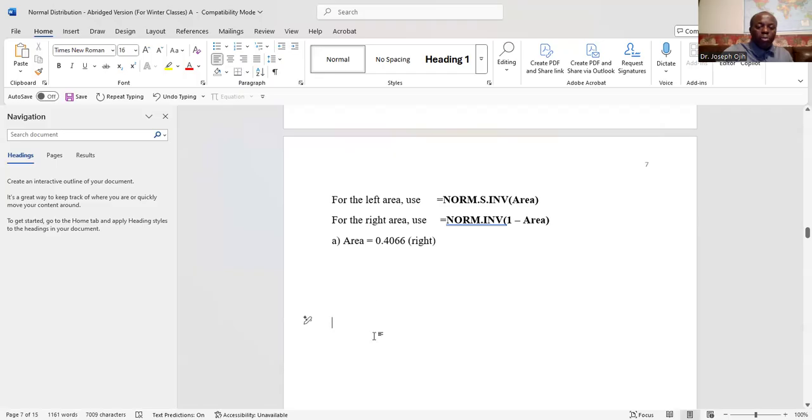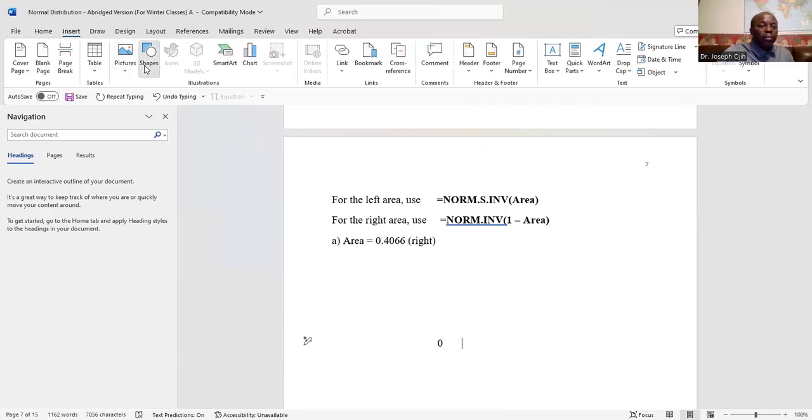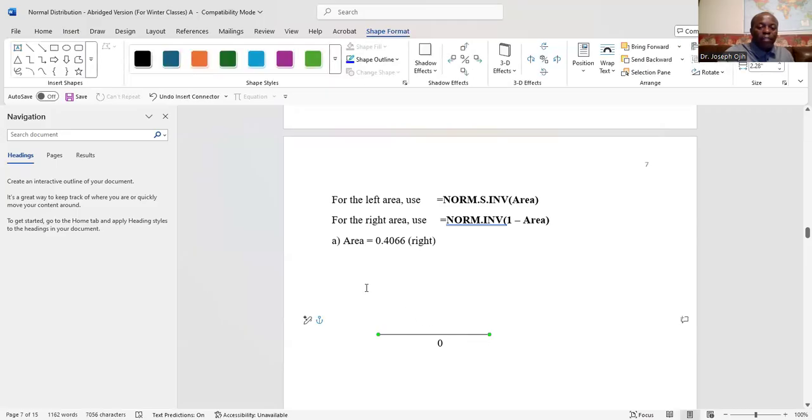Let me show you how it will look. For this type, you have to make a slight adjustment before you can find the area. This is the area you're looking for, the Z value to the right.